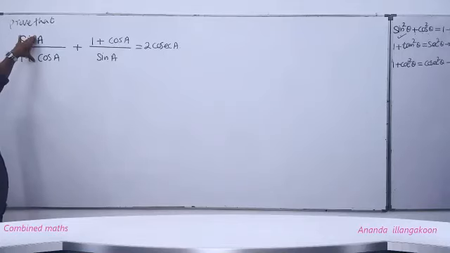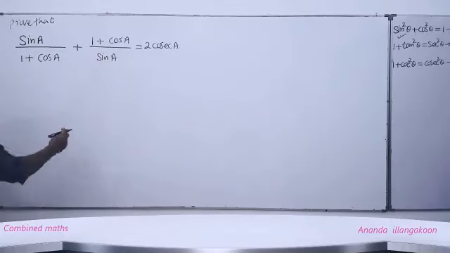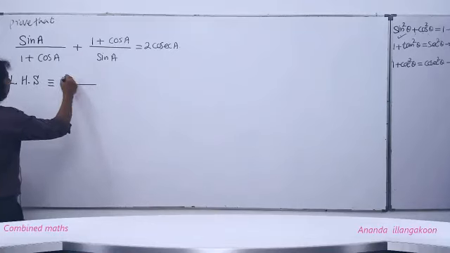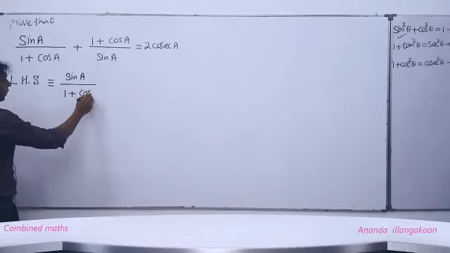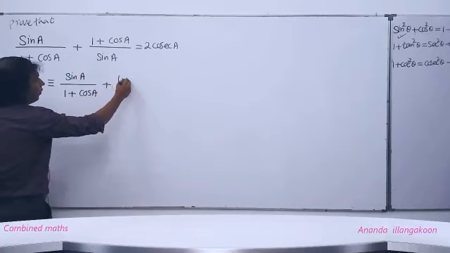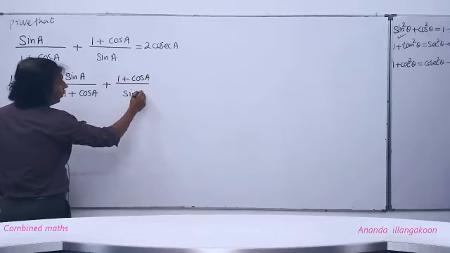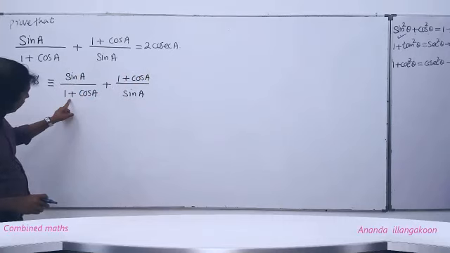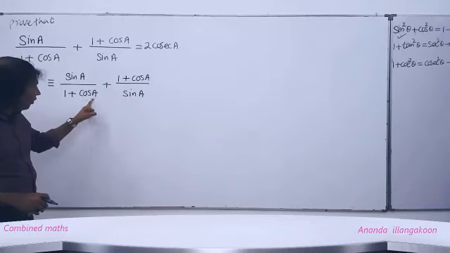This is a fraction. This is also a fraction. I am going to start from the left hand side. Sine A divided by 1 plus cos A plus 1 plus cos A divided by sine A. Now this fraction has the denominator 1 plus cos A. This fraction has the denominator sine A. The denominators are not equal.